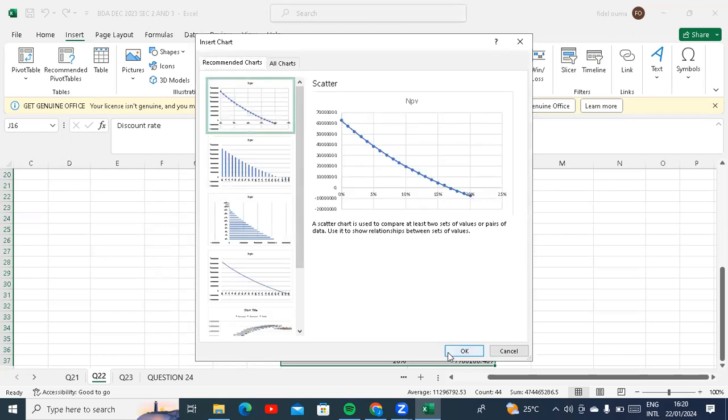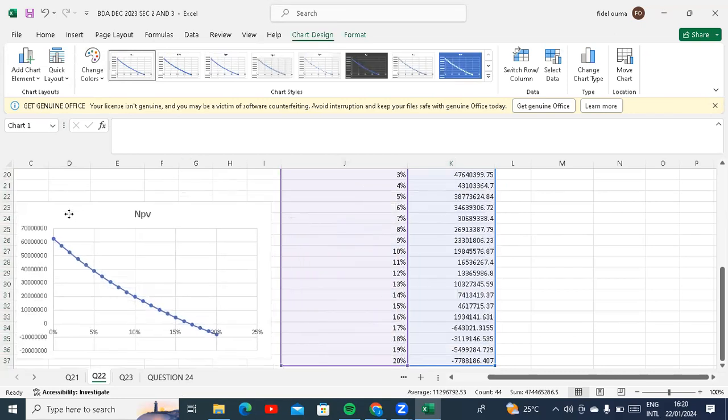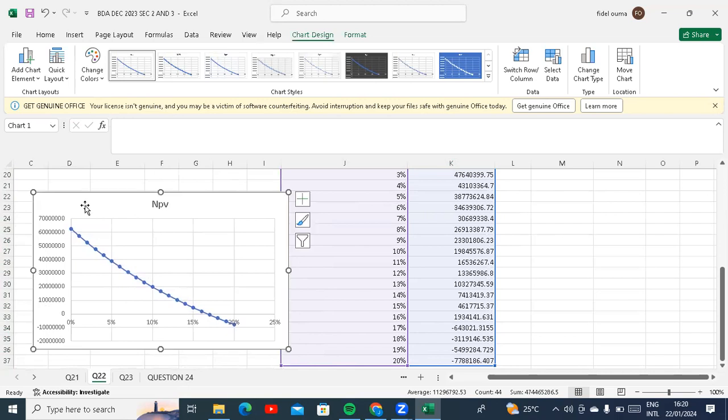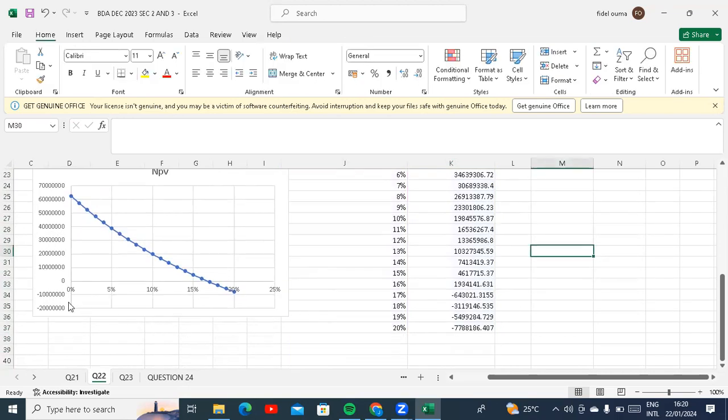Then we pick this, and that's the graph. Let me put it here so that you can see it clearly. From the graph you can see at 0, 15%, 20%, which means that here, this is 17%.